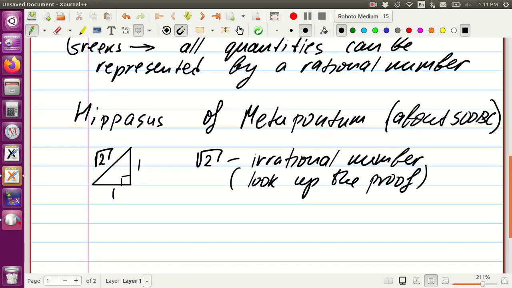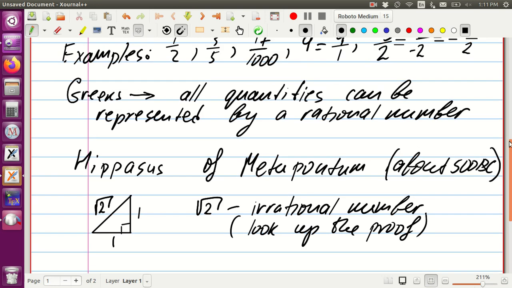So basically the belief that Greeks had, that all quantities can be represented by a rational number, is not true, because here is the side of the right triangle that is represented by an irrational number.